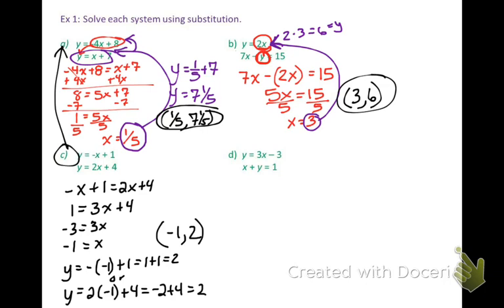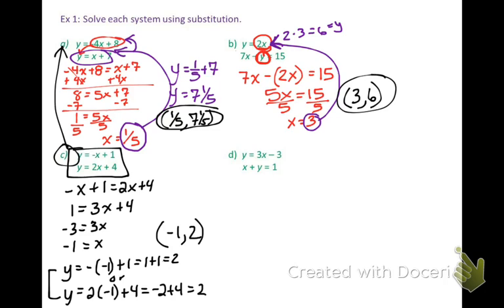I brought the negative x over to the 2x, and then I subtracted 4, and then I divided by 3, so x equals negative 1. And then I showed you both ways. If I plugged in negative 1 into both of these equations up at the top, you will still get 2 for your answers. So I just wanted you to check that out. Let you know it would work for both.